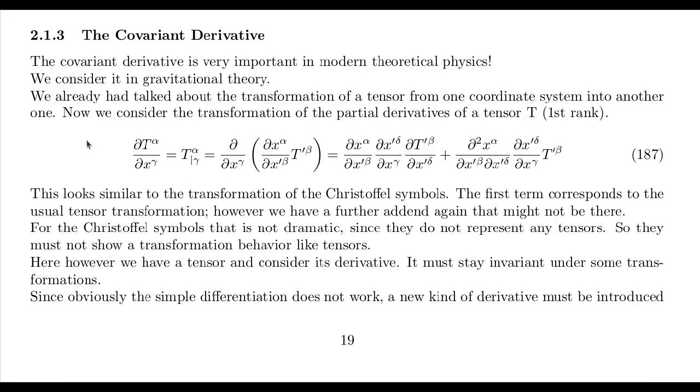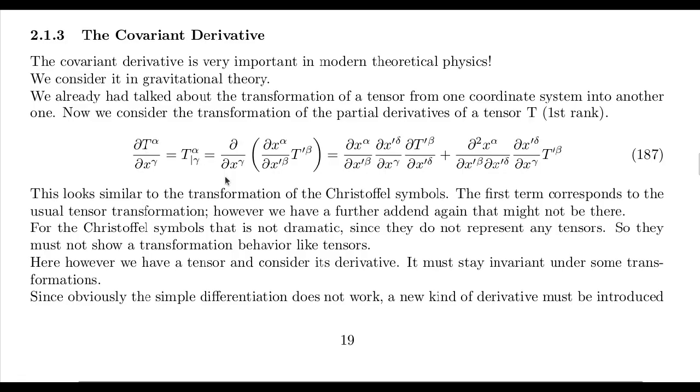Now we consider the transformation of the partial derivatives of a tensor T. We consider a tensor of first rank with one index alpha. So we can write here differential quotient, or we can use this writing here.